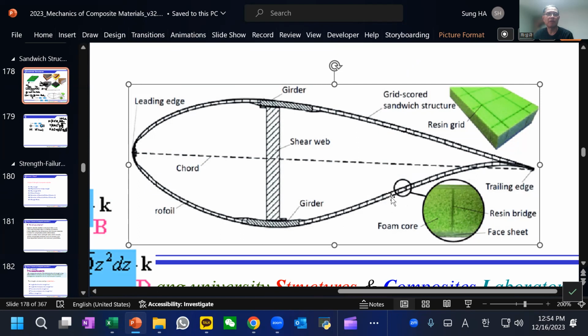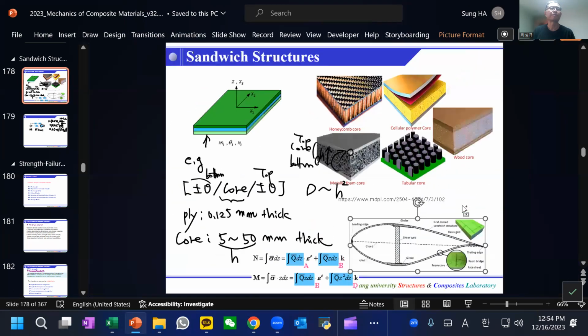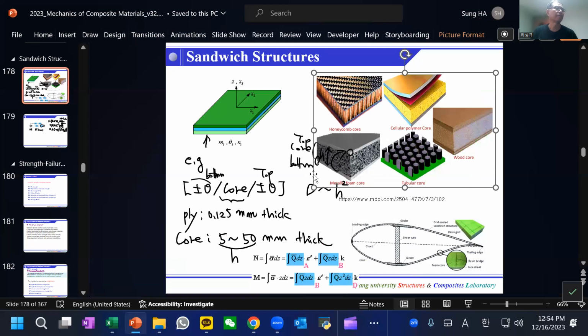In the top skin and bottom skin, we have composites, and then a lot of core. This is an effective way to reduce the total weight, and a very effective way of increasing bending stiffness.